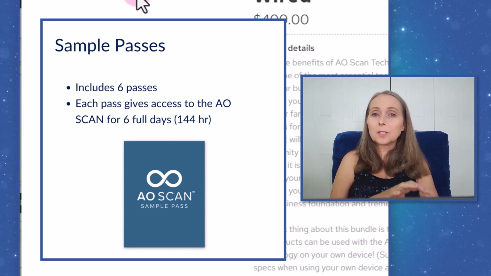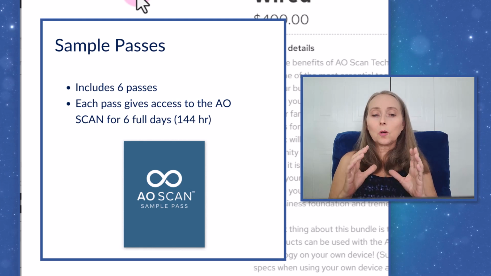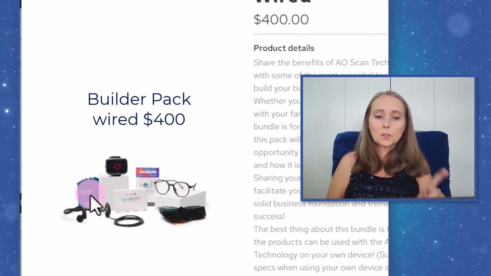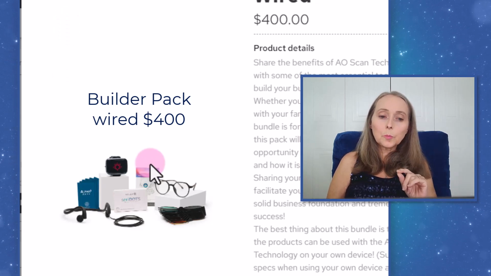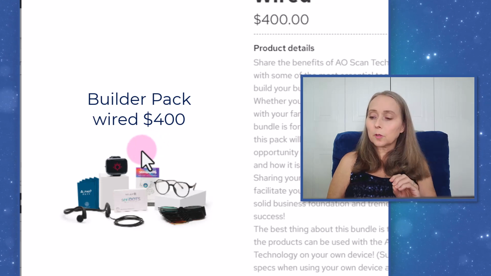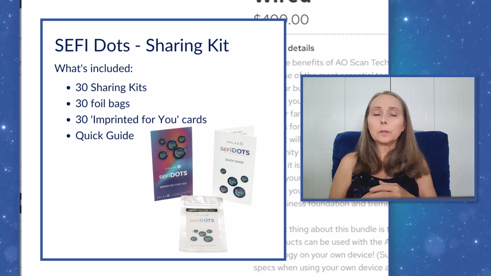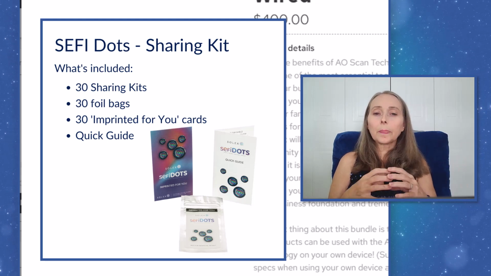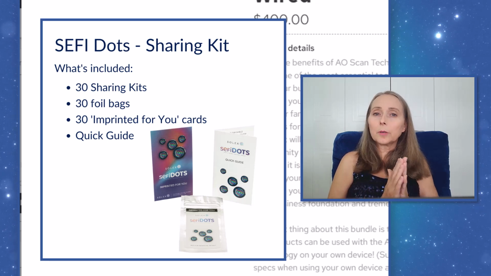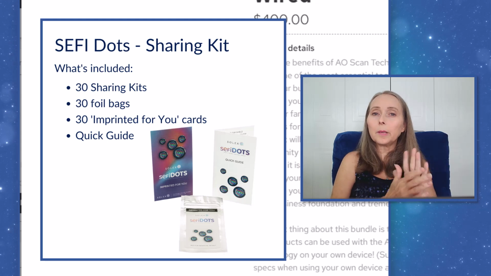These passes, you have to buy them before being able to give them to someone else. So this is an opportunity. You have to buy them at a cheaper price. So that's one of the additions that's only in the builder pack. The other one is the sharing kit for Cephi dots, because if you want to sell Cephi dots or give them to a loved one and you want to ship them, they need to be protected during the shipping so as to not interfere with the frequencies when it passes through the mailing system.